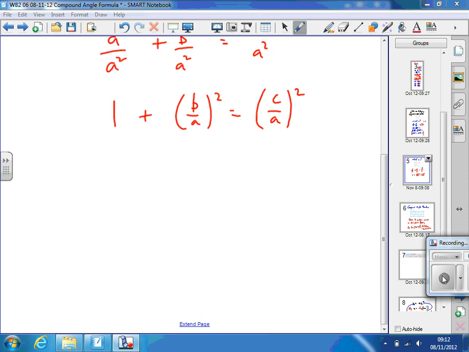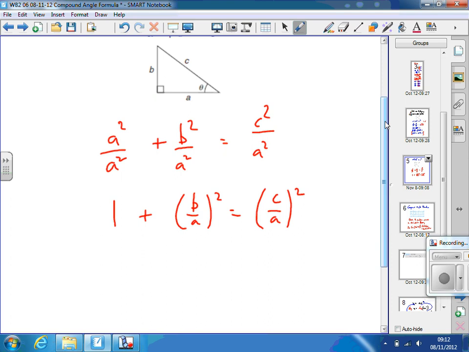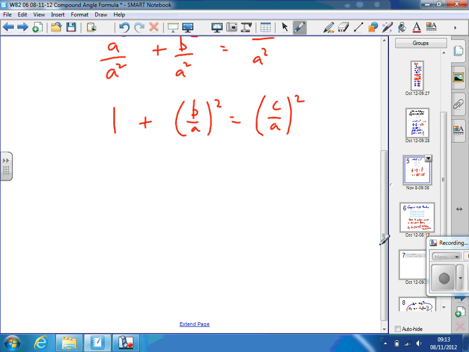But how can I rewrite b over a? b is the opposite, a is the adjacent. What does that mean? What's opposite over adjacent in terms of tangent? So I can write 1 plus tangent of theta squared.